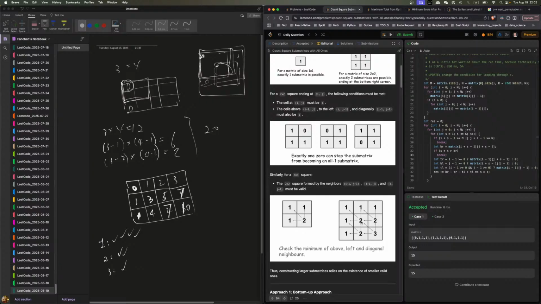If this can form, and this can form, and this can form as well, everybody's good. But if any one of them is lower, let's say if this is a 1, which means you don't have everything, then for this I cannot form everything.